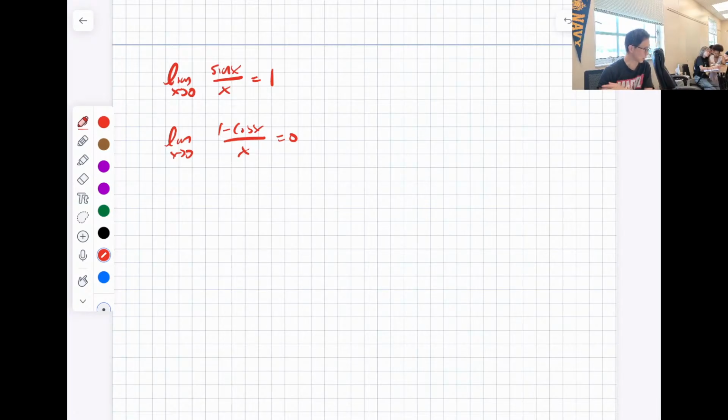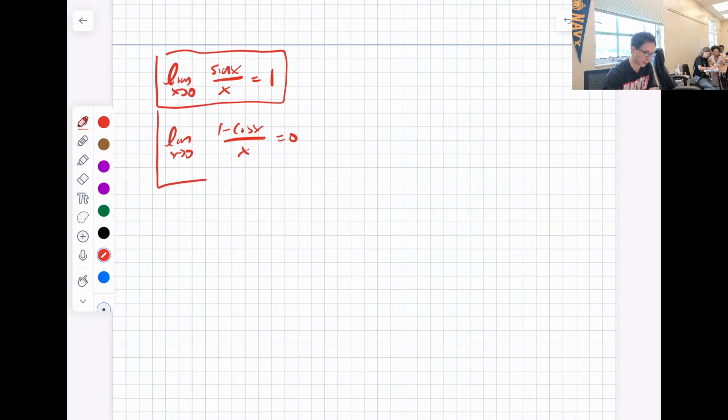Okay. So the limit of sine of x over x is equal to 1, and the limit as x approaches 0 of 1 minus cosine x over x is equal to 0. I don't have a chance to show you the proof, and the proof is kind of complex, so I don't want to go through it. But these are two things you have to memorize.